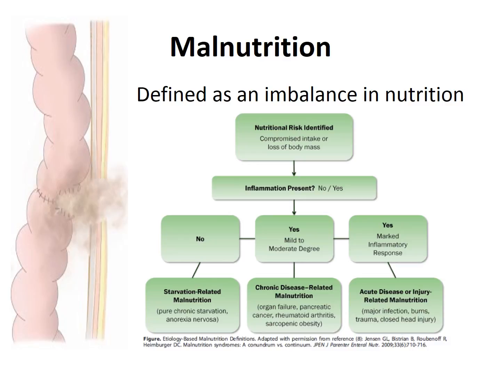It's important to note that starvation malnutrition presents with no inflammation. Therefore, oftentimes in the hospital, it will go back to either a chronic disease-related or an acute-related malnutrition, as there is oftentimes another cause going along with the patient not eating.